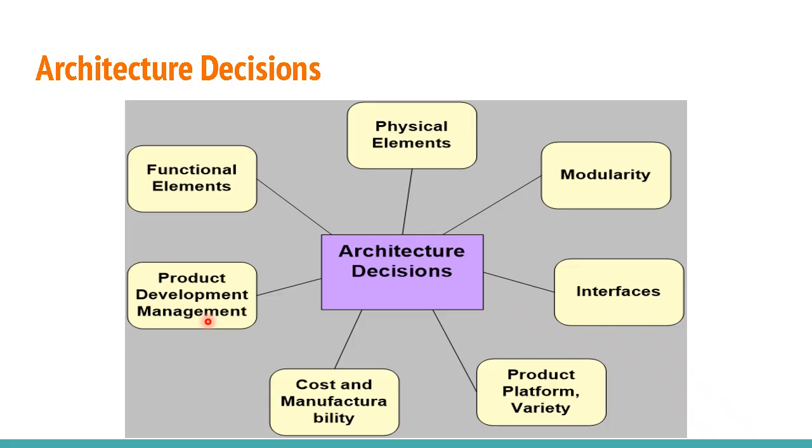Should we aim for multiple product versions or one standard model? We want to balance high performance and low cost. Finally, the design must support smooth manufacturing and project planning. All these choices shape the final product structure.